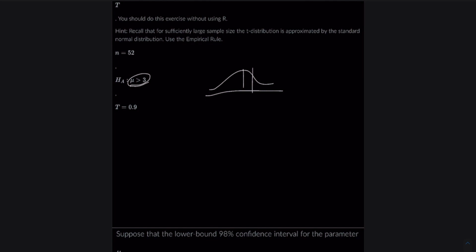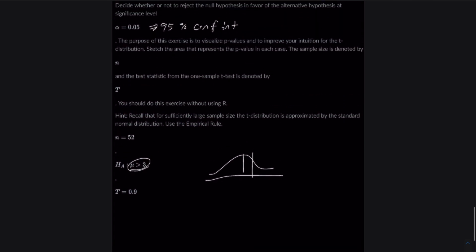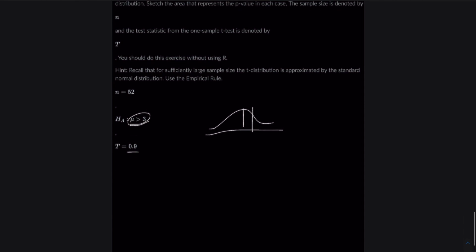To get to the confidence interval of 95%, we need to be 2 standard deviations away. Since this is only 0.9, we would need to be closer to over here in order to reject. Since we're not far enough, we are still going to fail to reject, because we didn't get far enough away from the actual value to be able to say, yes, it's a significant difference.